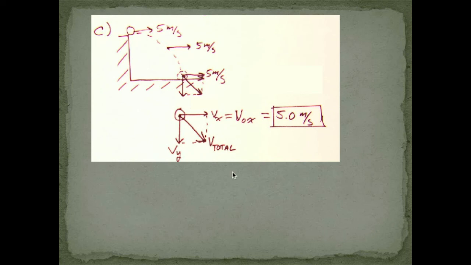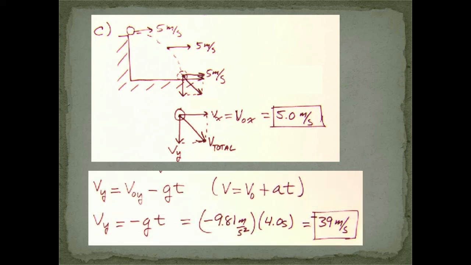So here's a picture of that graphically with the vectors. This stays steady, steady, steady. This increased from 0 to this value. And then to figure out V total, we'll use the Pythagorean theorem. Or we could, well, we're not going to use the general law of angles just yet.